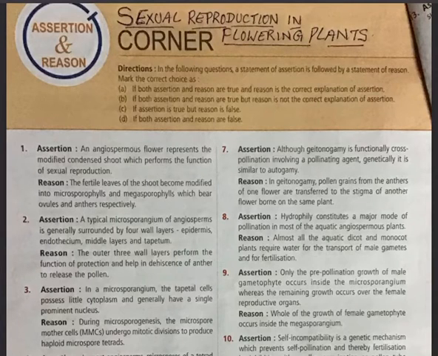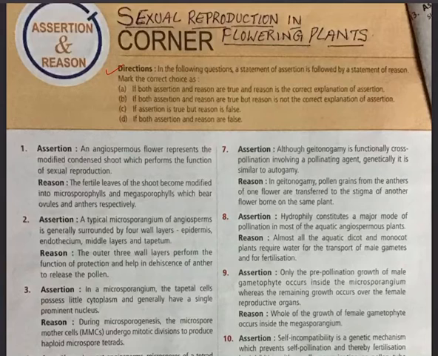As we have been training ourselves in the pattern of assertion and reasoning questions, today in this session we are going to answer some of the assertion and reasoning questions from chapter number 2, sexual reproduction in flowering plants. As we have been training for the last 15-16 days, you know the directions.